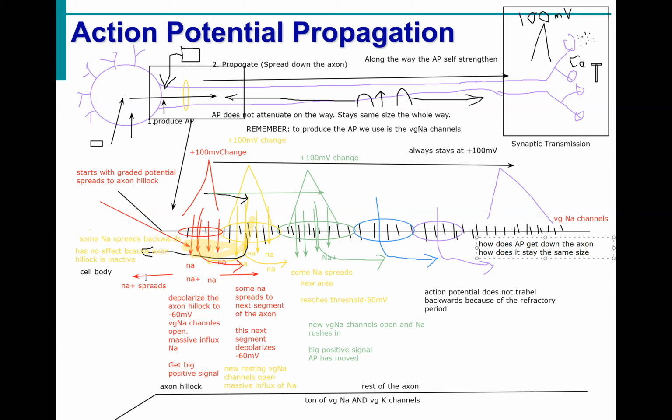So that is our propagation. And again, notice this is on an unmyelinated axon. And that's important as well, because as we talked about, most axons are myelinated.